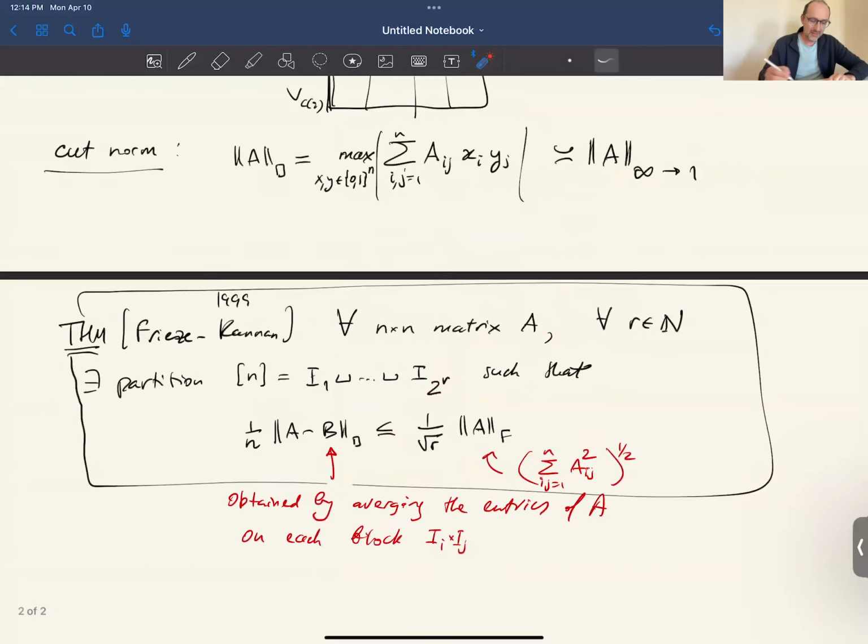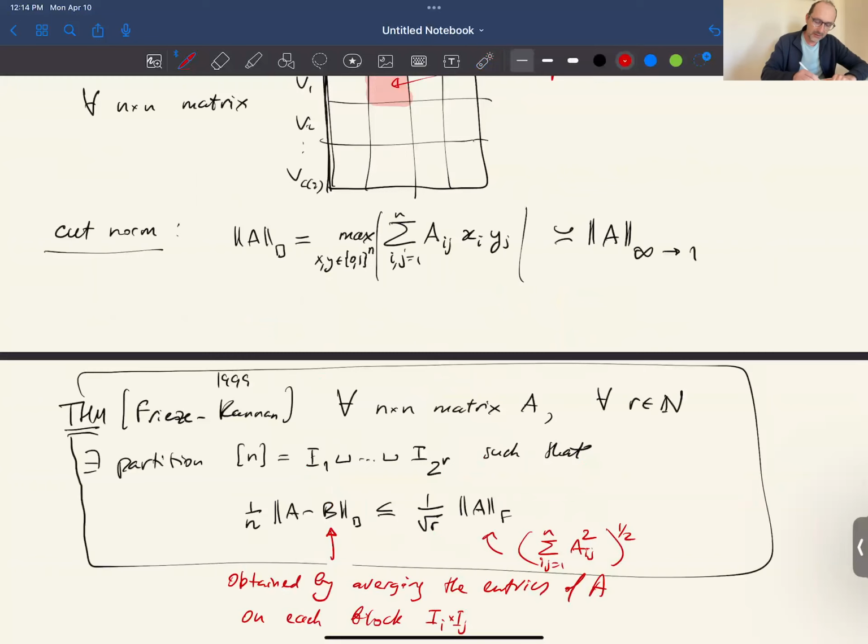In fact, the cut norm, let's look at this one. If you just literally apply Cauchy-Schwarz to it, this is less than the sum of a_ij squared to the power 1/2. Yes, it's Cauchy-Schwarz.